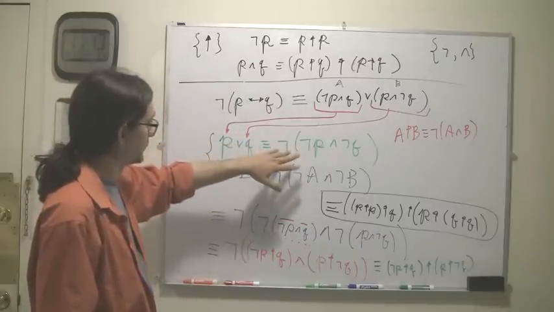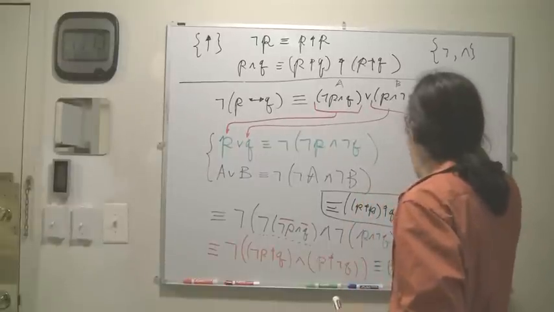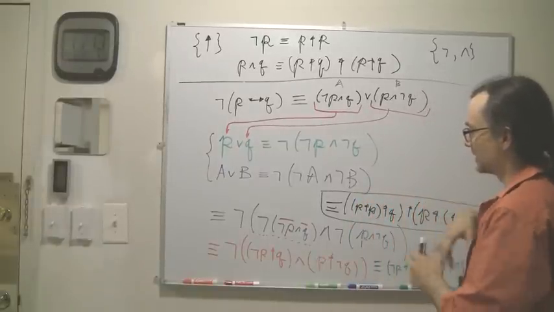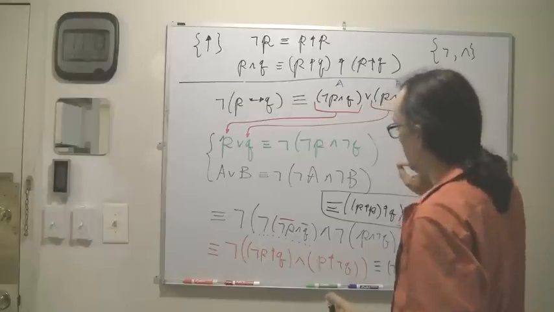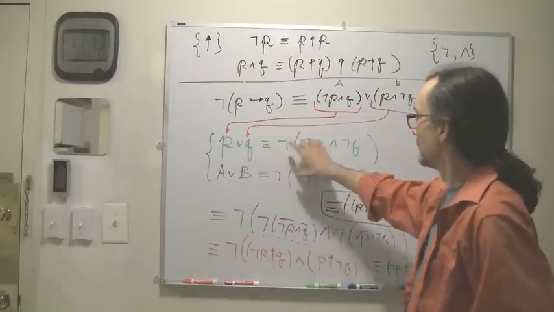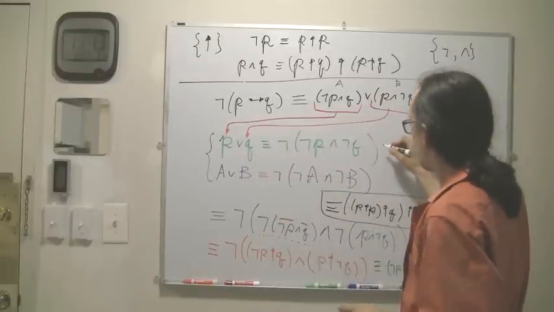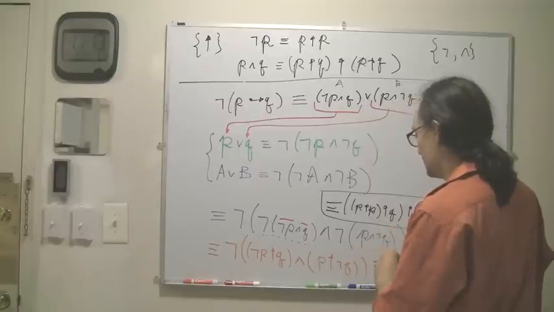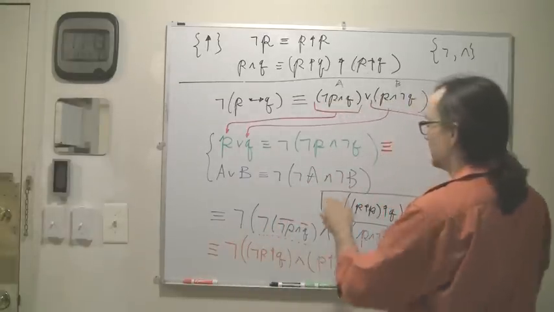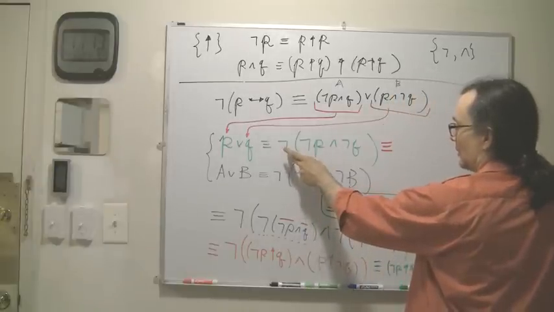But let's now do it. Suppose we wanted to write a separate rule for what to do with ORs directly, instead of converting them to ANDs and NOTs, converting them directly to NANDs. So if we have P or Q, we already know that this is equivalent to that. And then we can proceed by looking at this and say, oh, this is already a not of an AND, right?